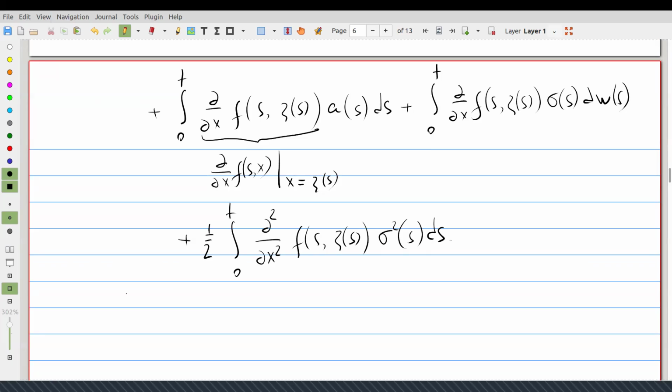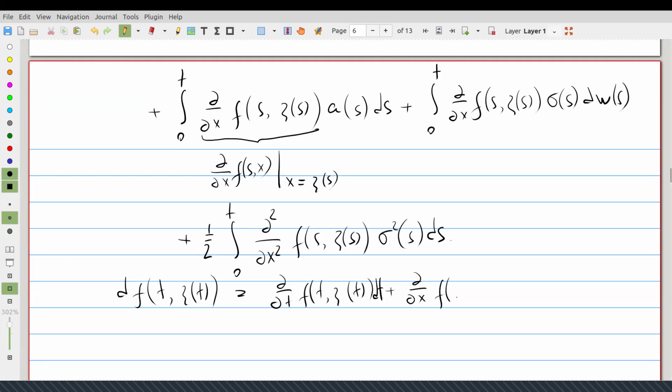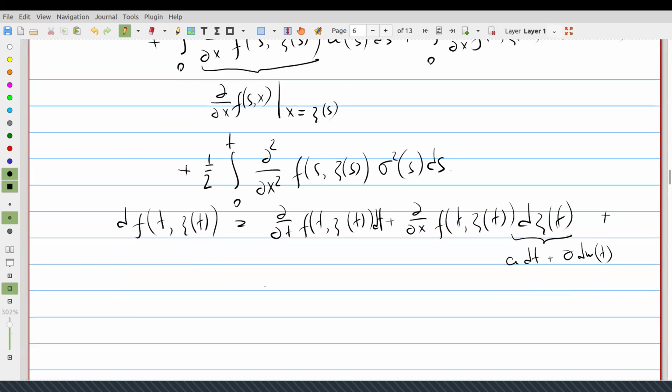So in terms of stochastic differentials, it's typically written in this form: d over dt f(t, psi of t) dt plus the derivative with respect to space, effectively d psi of t, which is the sum of two integrals, a dt plus sigma dW_t, and plus a correction term, 1/2 d squared over dx squared f(t, psi of t) sigma squared of t dt.